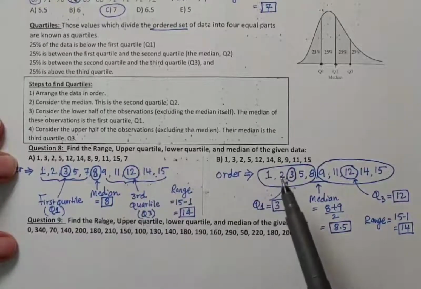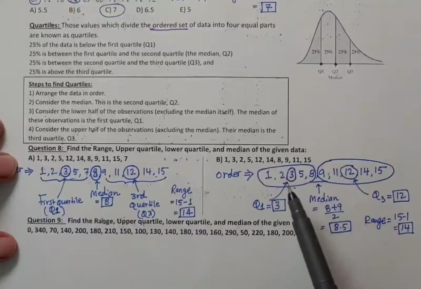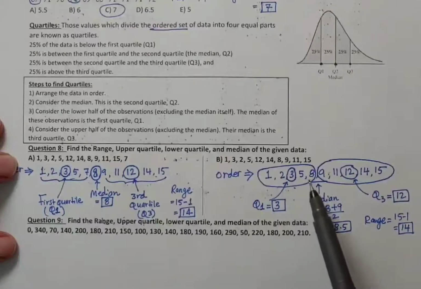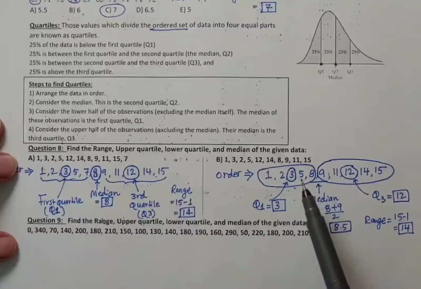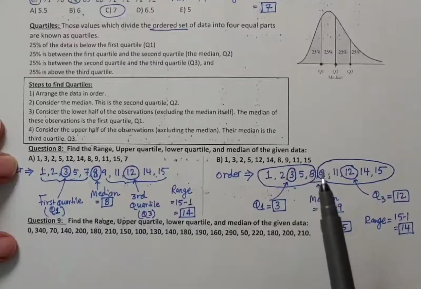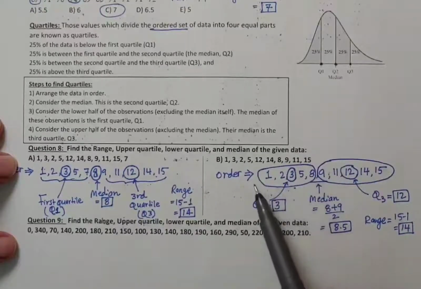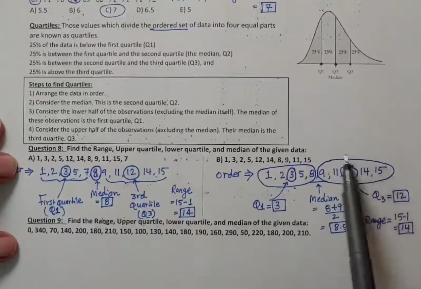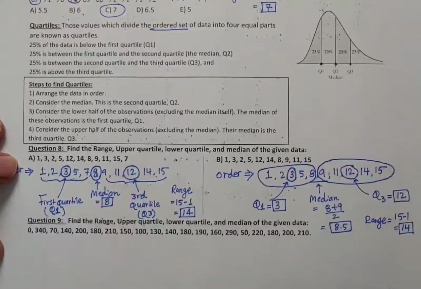But if you have an even number of data, then no matter if the number is in there or not, you have to consider half of the data as the first half and half of the data as the second half. Okay, is that clear?